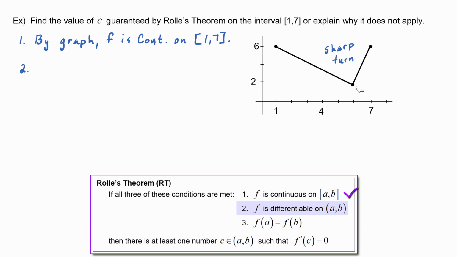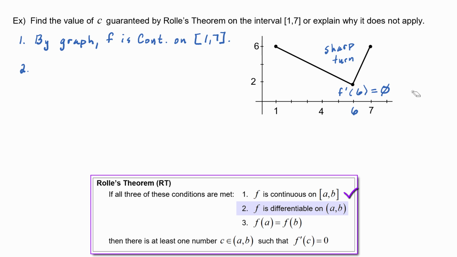And anytime there's a sharp turn on the graph, we know that the derivative does not exist there. This is at an x value of 6, so we know that f prime of 6 is undefined.